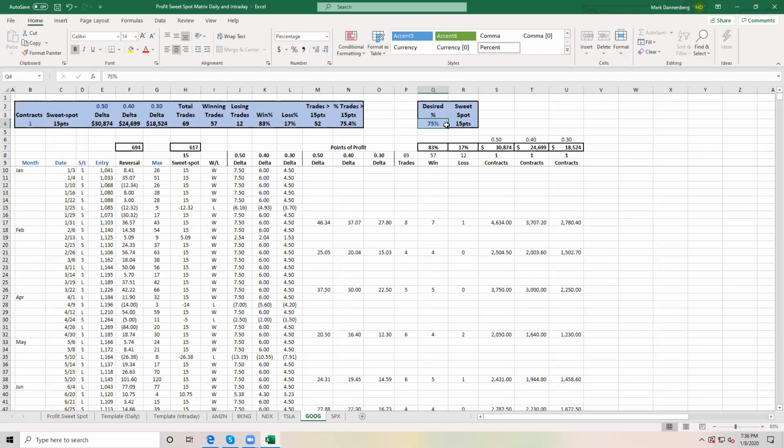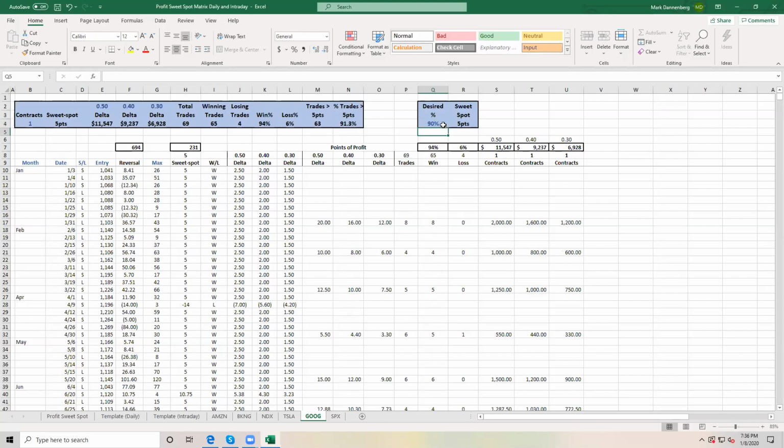So if I changed that to 90%, for example, that means look at all these wins. Win, win, win, win. There's a loss. Win, win, win. The majority of your trades are going to be winning trades, and it means that your sweet spot is 5 points.